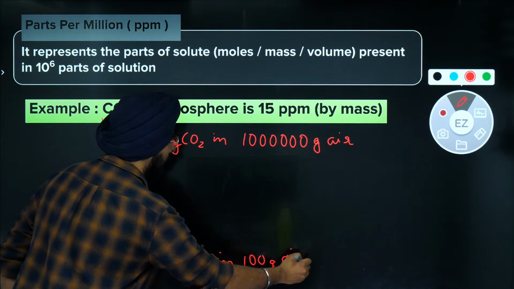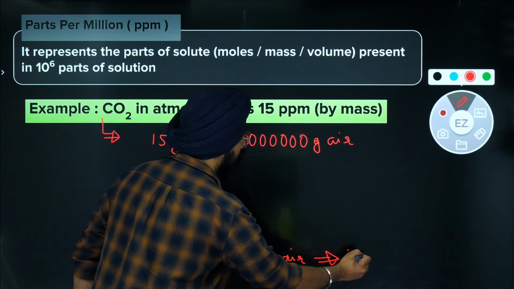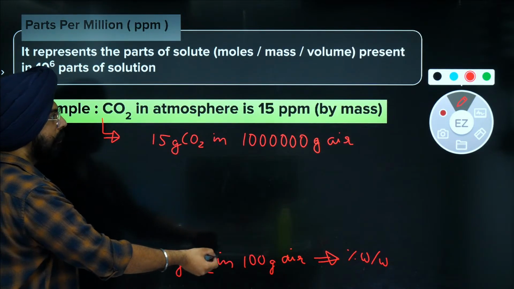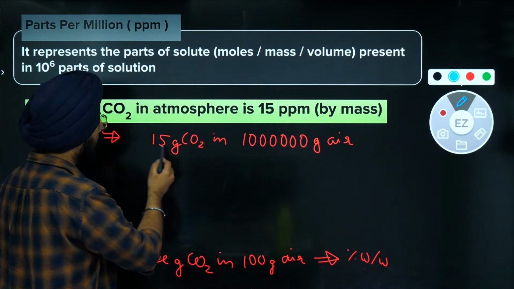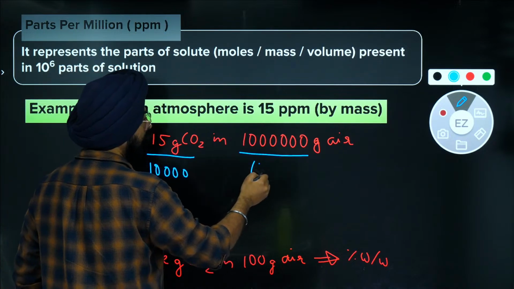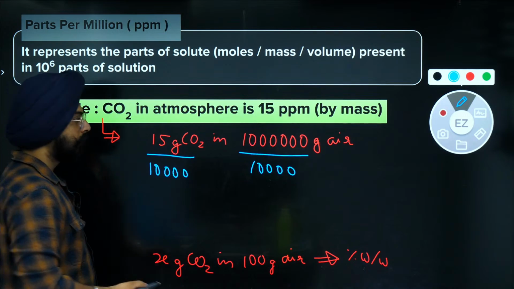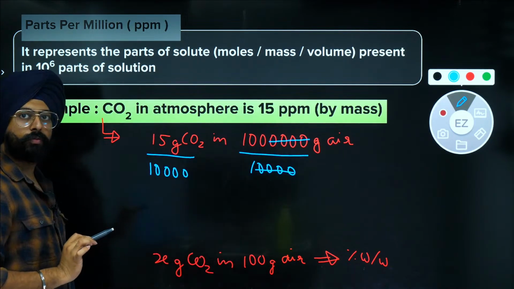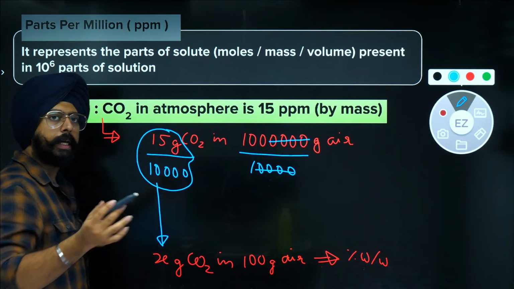Why? Because this is a statement that tells me about percentage weight by weight. How do I convert this? Basically, divide the statement on both sides by 10 to the power 4. 4 zeros cancel 4 zeros. You have 100 grams of air. This, my dear friends, is your percentage weight by weight.